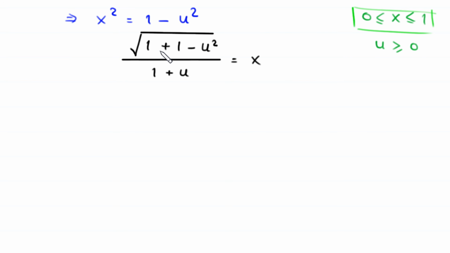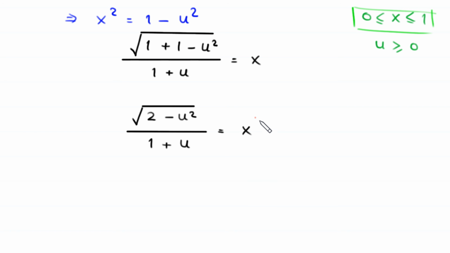Further simplified, this becomes the square root of 2 minus u squared divided by 1 plus u equals x.